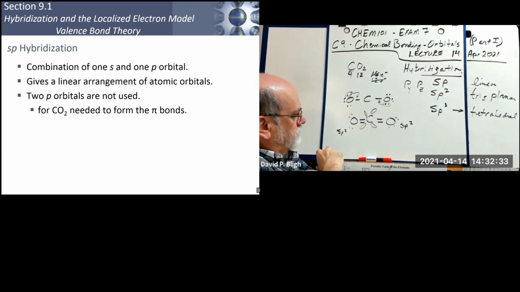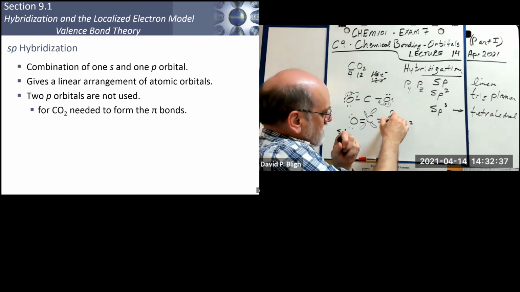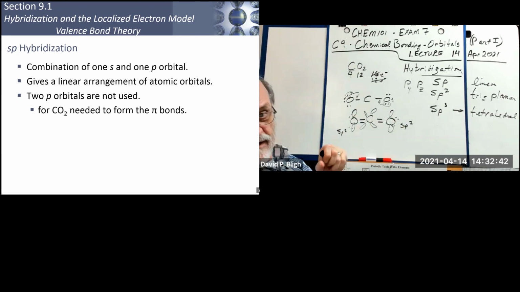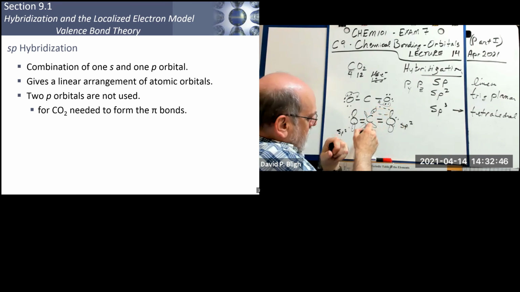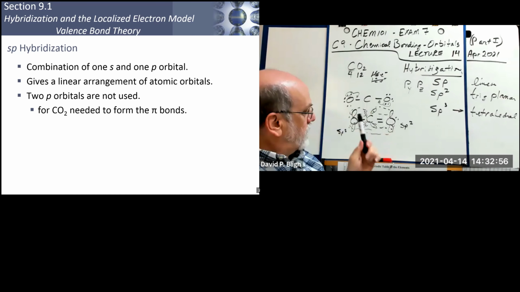Correct? That means it has 1 p orbital left over for each one. Okay? So these two, like that, and like that, and then these two, like that, and like that, give you your pi bond here and pi bond there.